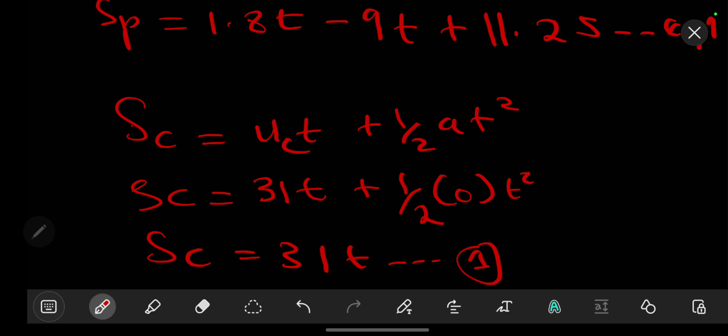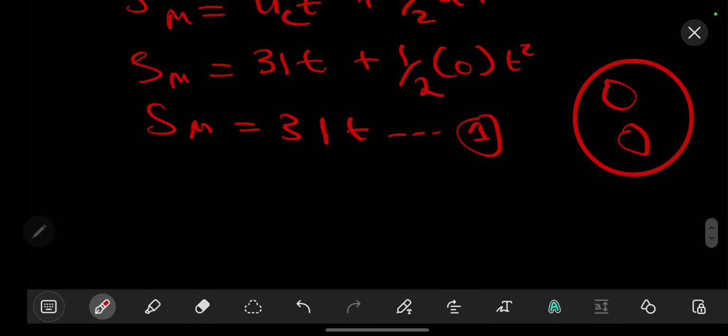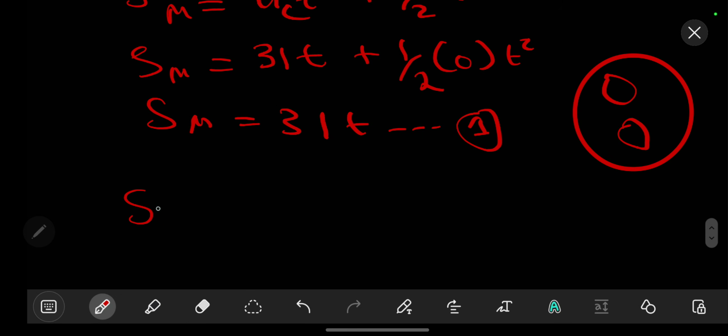Now remember, at the point where the police overtakes the motorist, the motorist's displacement, which is the position, which is our s, is the same. Therefore, we can equate to say the s of the police should be equal to the s of the motorist.